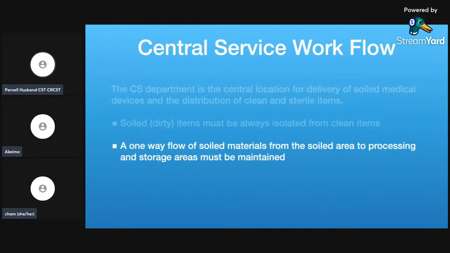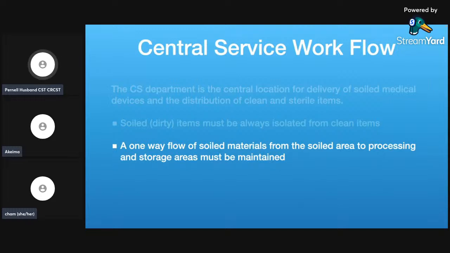There's strict protocols. And the whole idea is to prevent cross-contamination. We don't know what bugs, we don't know what that patient had, and we don't want to cross-contaminate people or other inanimate objects with our soiled items. So it's critically important that we utilize a one-way flow for these materials.